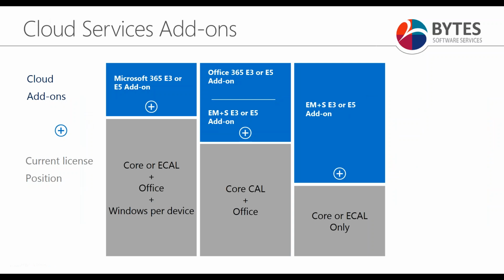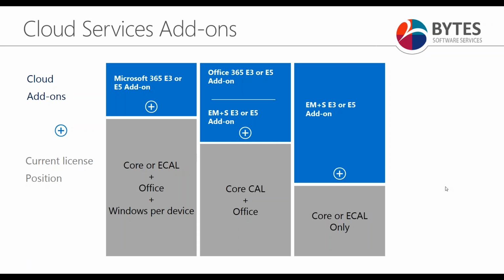And then finally, if you're currently licensed with on-premises licenses and you're looking to use cloud services, you have discounts available with what Microsoft calls add-ons. Now, an add-on will give you a discount based on the fact that you have similar on-premises products. For example, if you have a Core CAL or an Enterprise CAL suite, you can purchase an EMS E3 or E5 add-on.